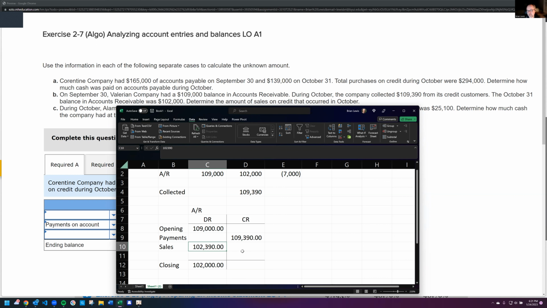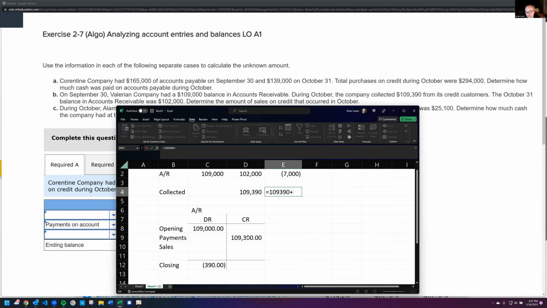Following there? The other way of looking at it is I know they have to zero this out, so I'm just going to do the math here. I know I need the 390. I need to zero that out. Equals 109,390.